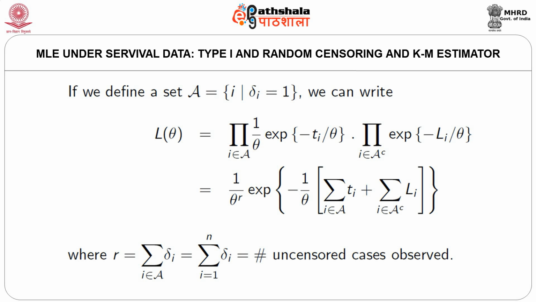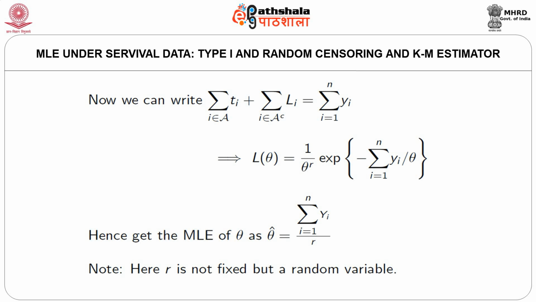As a result, it becomes 1 by theta to the power r times e to the power minus 1 by theta times summation over i in script A of ti plus summation over i in script A complement of capital Li, where r equals summation over i in script A of delta i, that is the total number of uncensored cases, or the number of items from which lifetimes are actually observed.